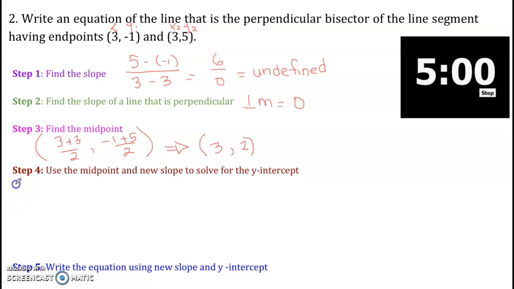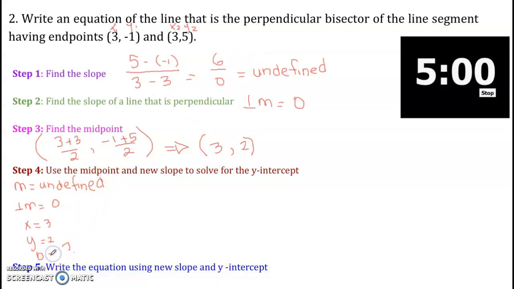So here we're going to say your slope is undefined. Your perpendicular slope is 0. Your x is 3. Your y is 2. And as always, the b is question mark.